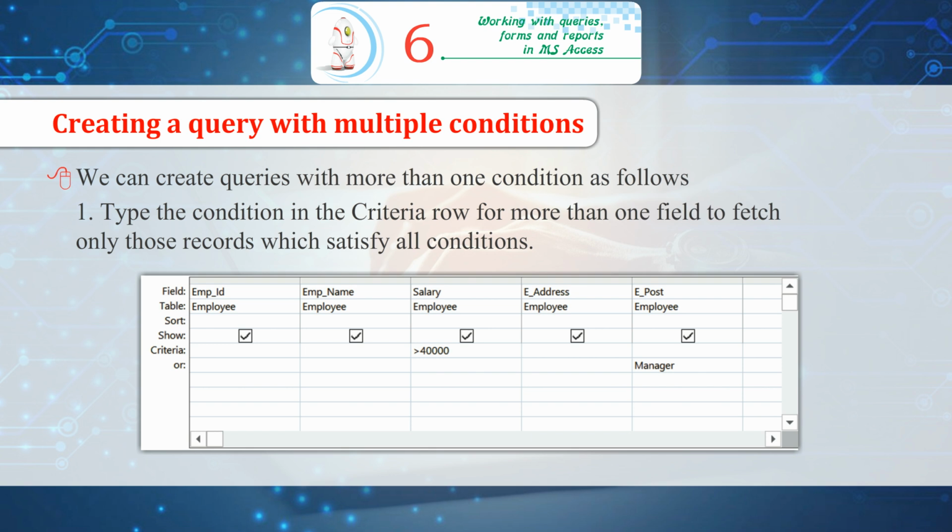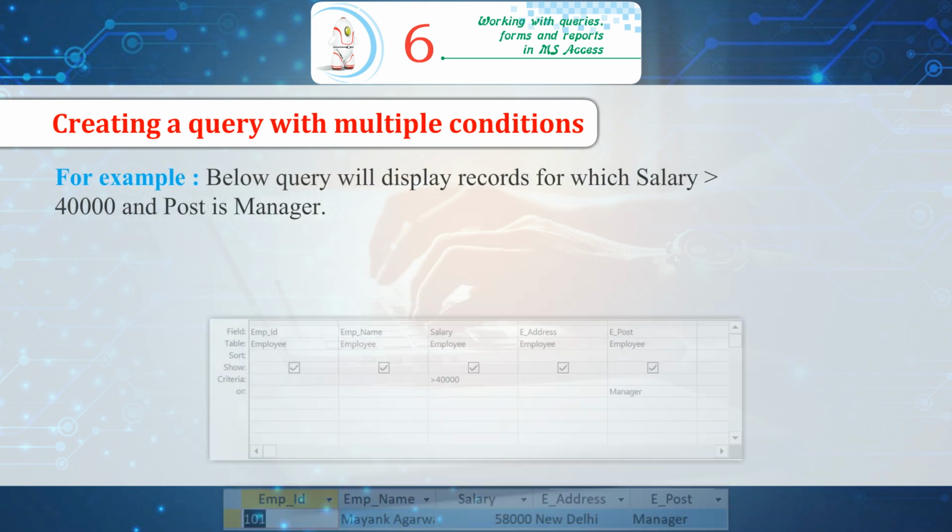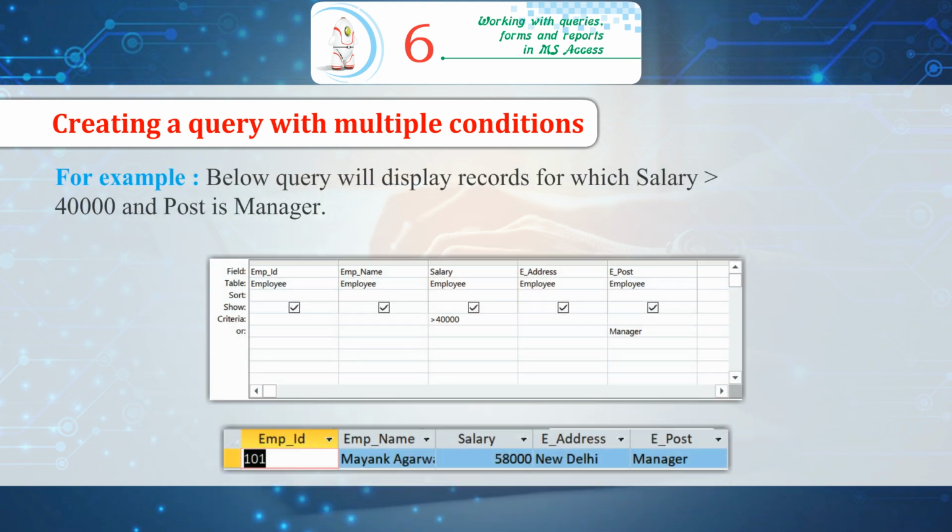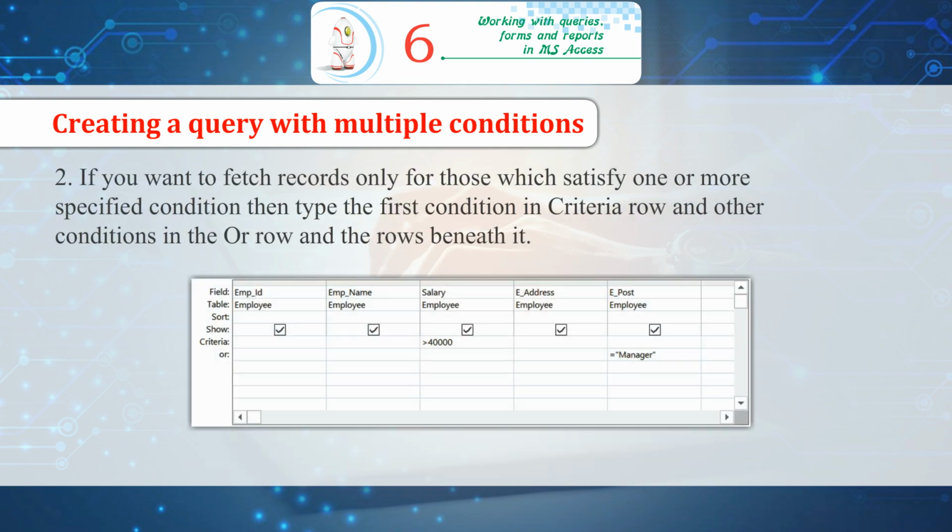1. Type the condition in the criteria row for more than one field to fetch only those records which satisfy all conditions. For example, below query will display records for which salary is more than 40,000 and post is manager. 2.